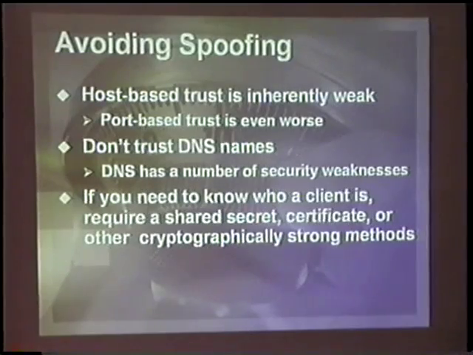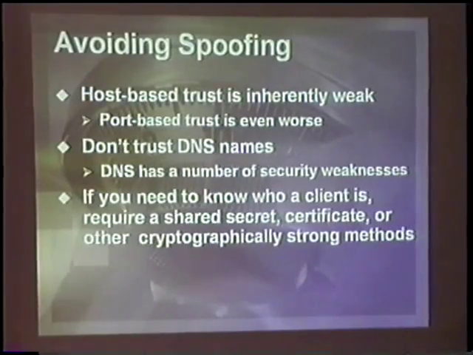Don't trust DNS names. You don't know. Somebody might have corrupted the DNS records. There's a whole bunch of different ways to screw up somebody's DNS. They may have forged a bad response to your query. You said, all right, where's www.foo.com? And they said, oh, I know, it's over here, bam.